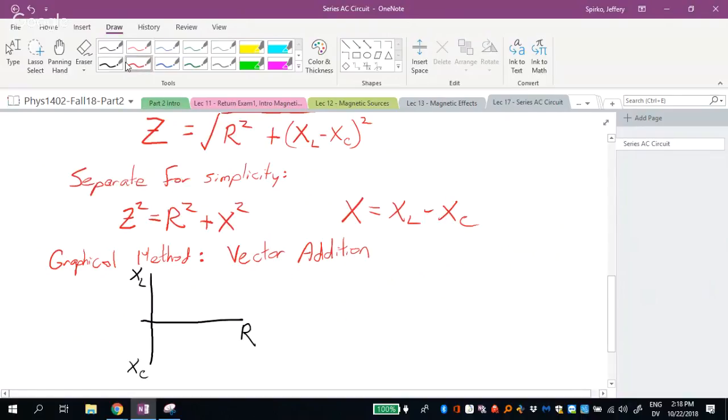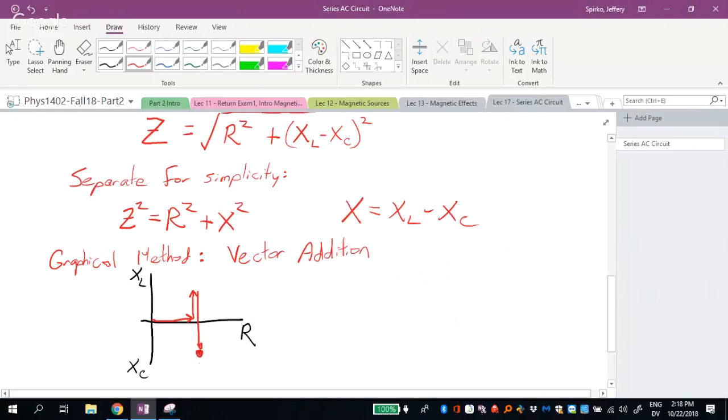For any given series circuit, you might have a certain amount of resistance, so you go out that way a little bit. Then you might have some inductance, so you head up that way a little bit. And then you have some capacitance, so you head down that way a little bit.